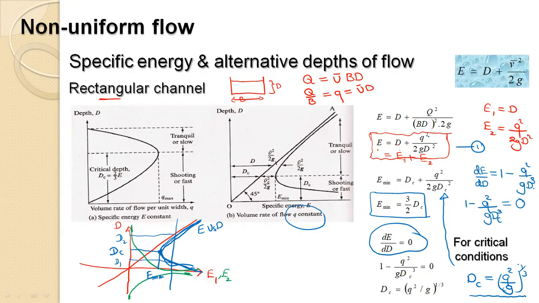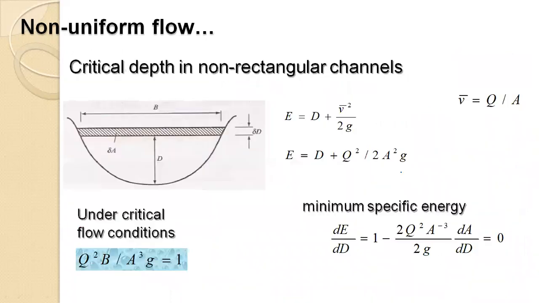Accordingly, you have to write the expression for the specific energy and then get the minimum value by differentiation, do the substitution and get the values. So you will get different expressions for different cross sections. Right, so this is for a rectangular section, and of course you can do this for any non-rectangular section.